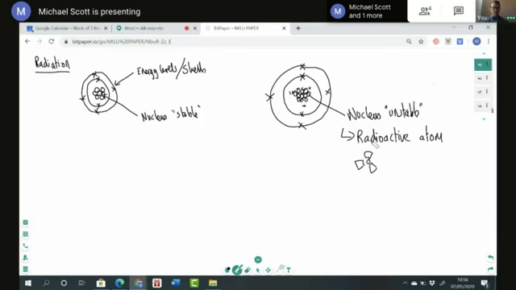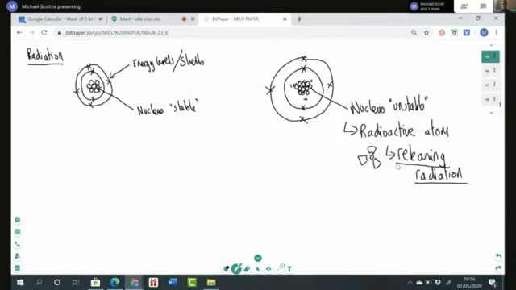Now, the way that these radioactive atoms can become stable is by releasing radiation. And when radiation is released, the nucleus becomes a lot more stable.